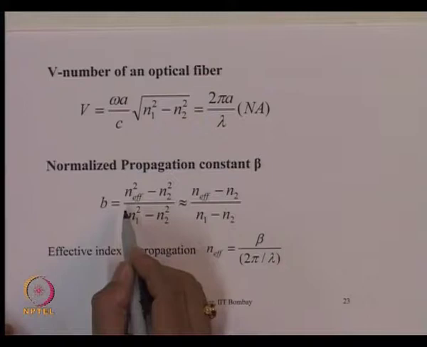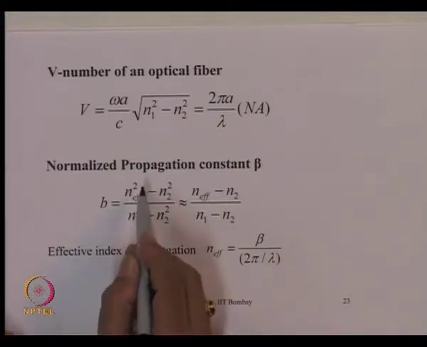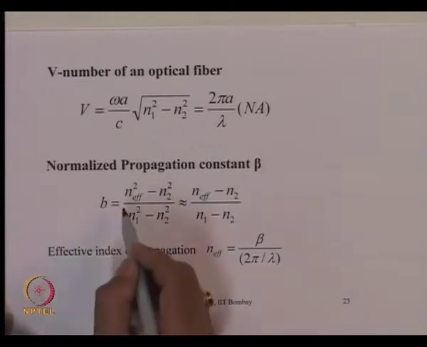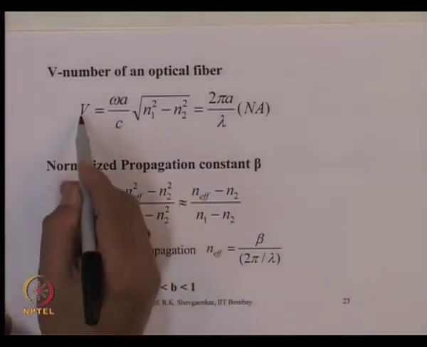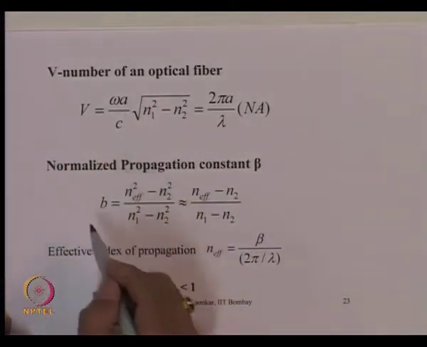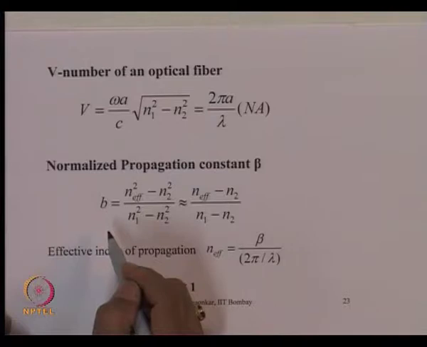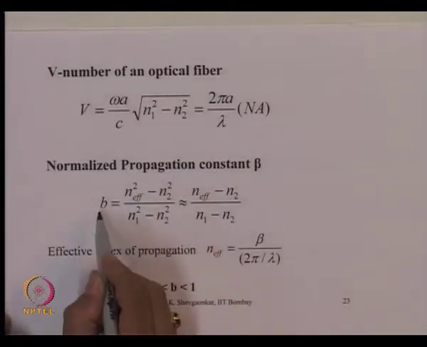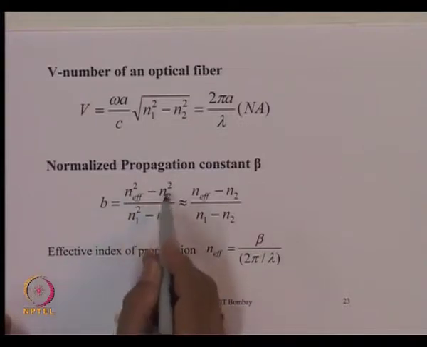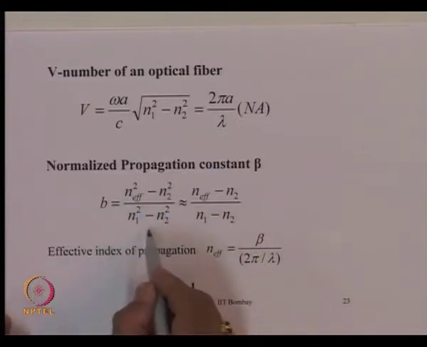So instead of plotting beta as a function of frequency, we can get a plot of beta with respect to V, because V is proportional to omega, or we can have a normalized plot of this quantity which we call B, defined as N effective square minus N2 square upon N1 square minus N2 square.